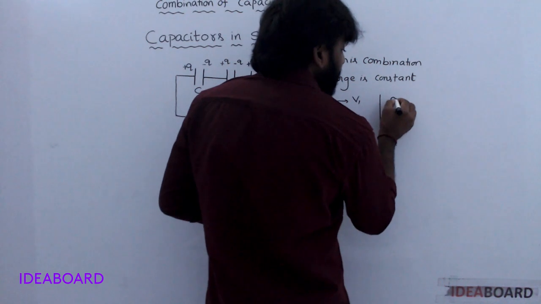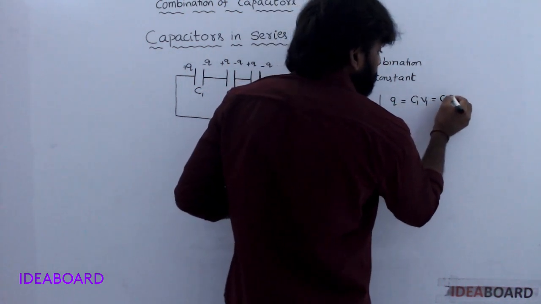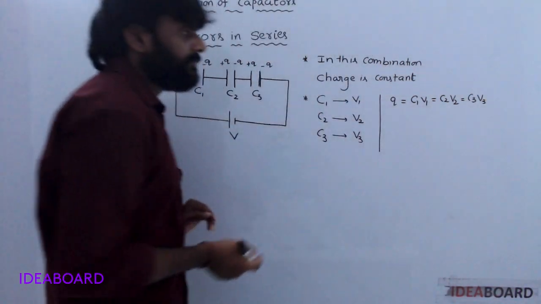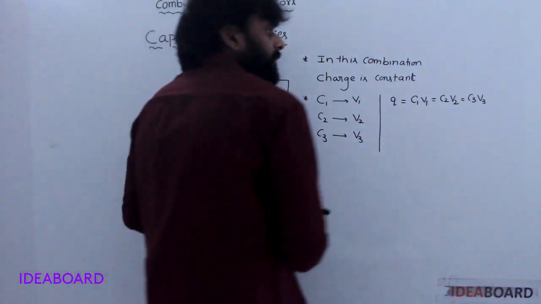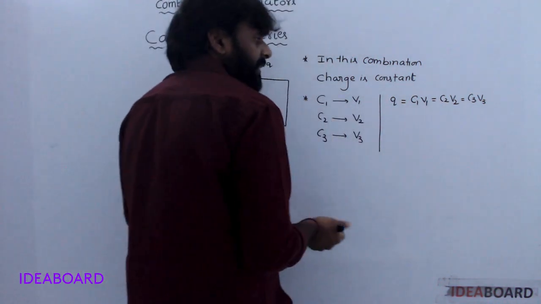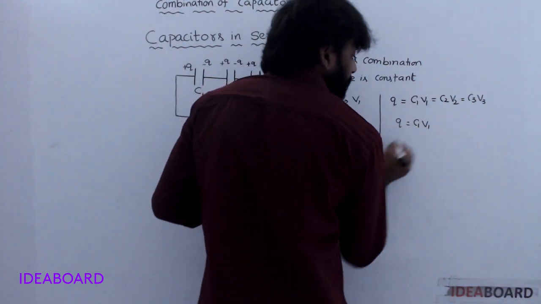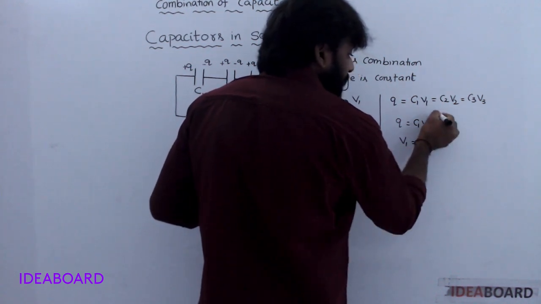Now you write Q is equal to C1 V1, or C2 V2, or C3 V3, because the charge is constant. So Q is equal to C1 V1, hence V1 is Q by C1.